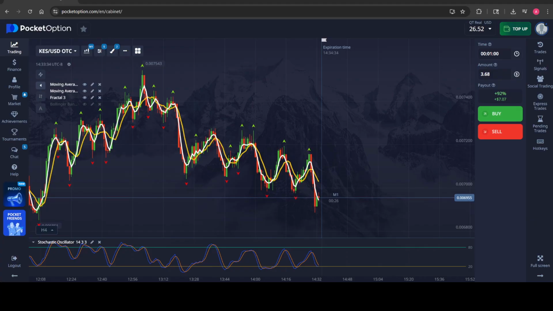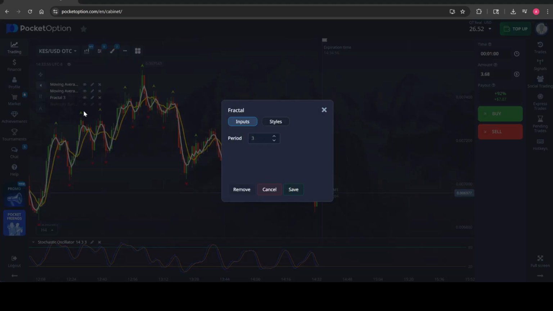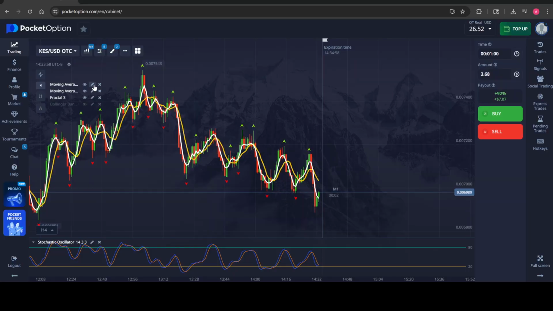All right. Hey everybody. So today we're going to be trying out the Fractal plus the SMA crossover strategy. We're trying this out on PocketOptions. I'm going to add the Fractal 3 indicator plus 2 moving averages.